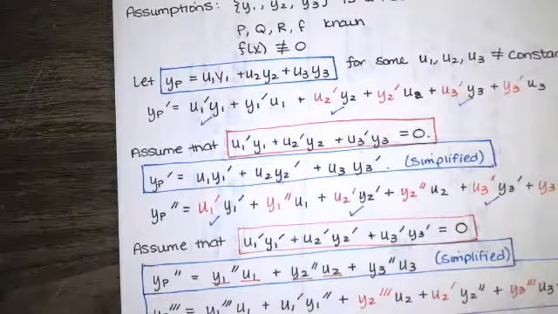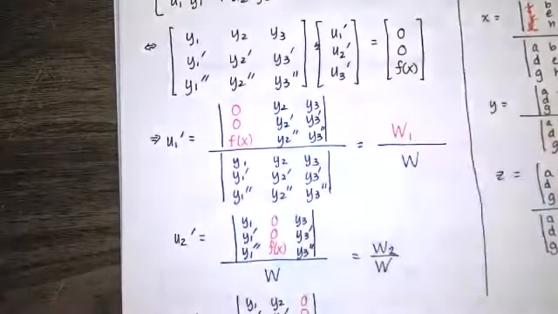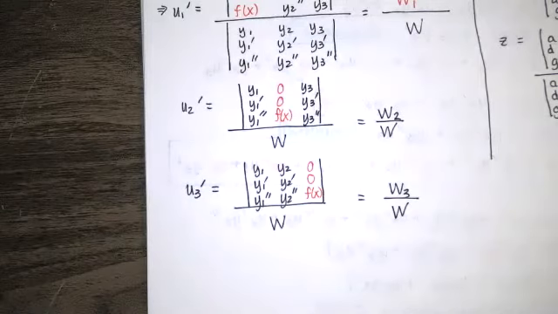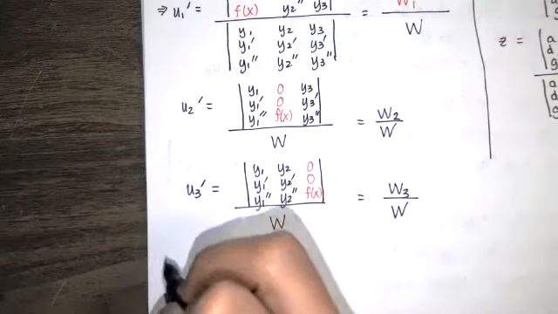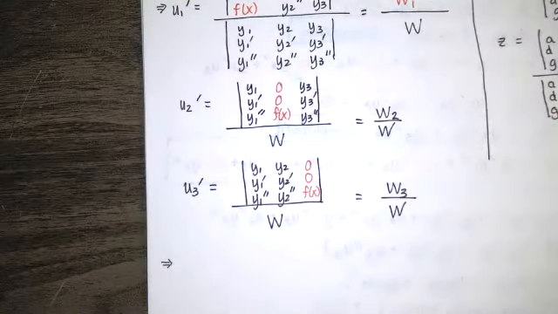Well, going through this procedure allowed us to find a system of 3 equations and 3 unknowns that u1 prime, u2 prime, and u3 prime must satisfy. So now we can take these and anti-differentiate them to get u1, u2, and u3, which is what we want, because we're going to multiply u1, u2, and u3 by y1, y2, and y3 and add those together to get y sub p.